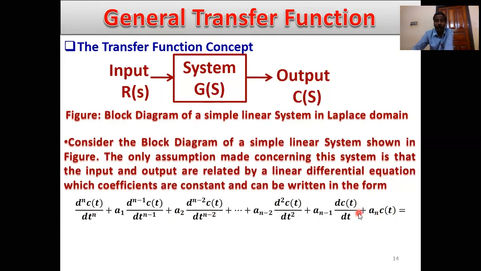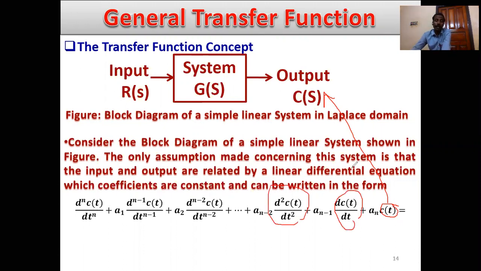This is the output equation. Inverse Laplace of C(s) is c(t), the position of the output. Then dc(t)/dt is the velocity of the output, and d^2 c(t)/dt^2 is the acceleration of the output.